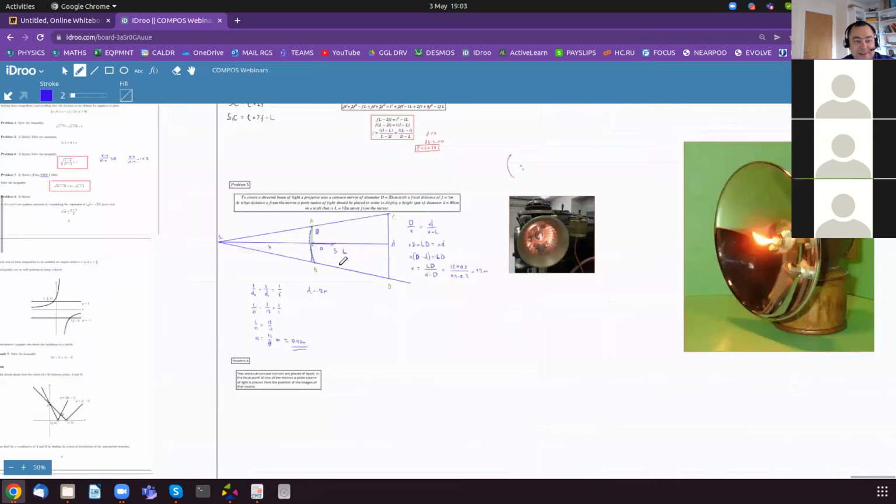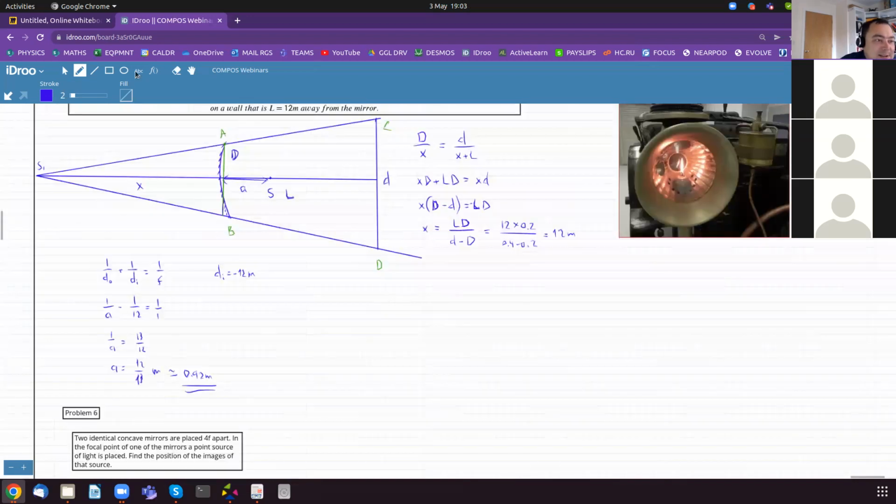Right, now we need another diagram for the second and third option. So this is option 1.